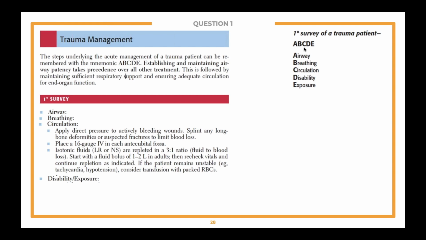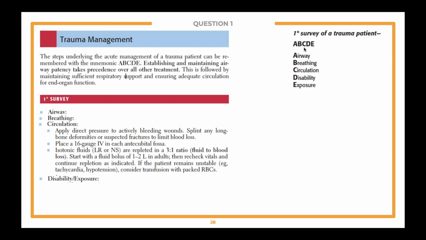If the patient remains unstable even after fluids, especially with concern for a bleed, you would want to consider a transfusion with blood products. So that's what we would want to do first for this patient. We want to give him blood products because he's hemodynamically unstable and we know that he's bleeding.